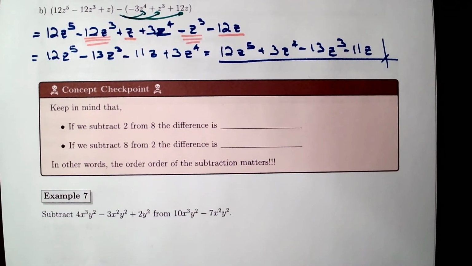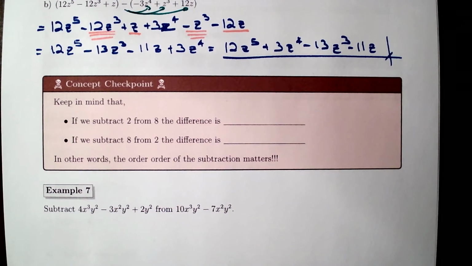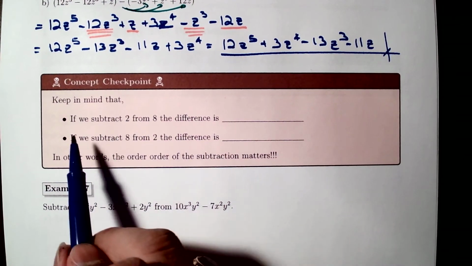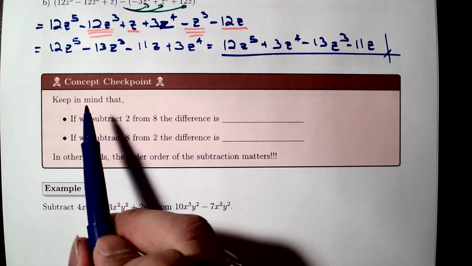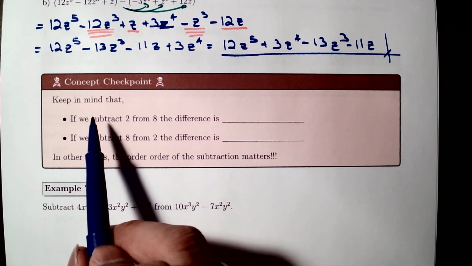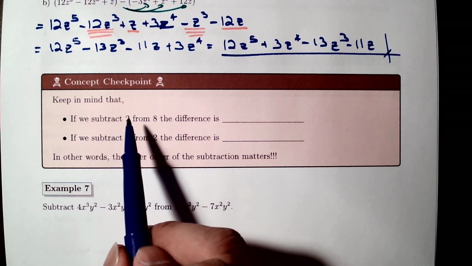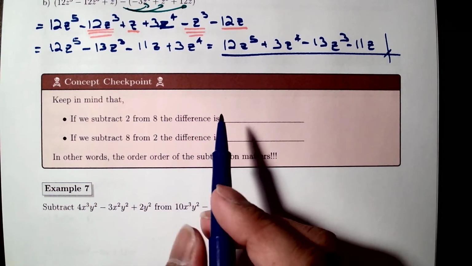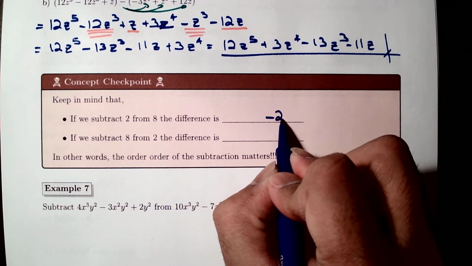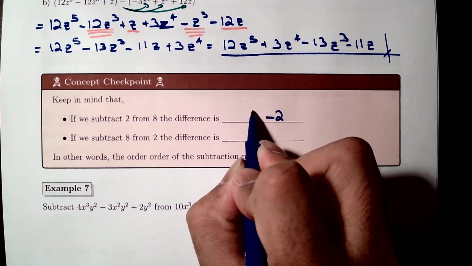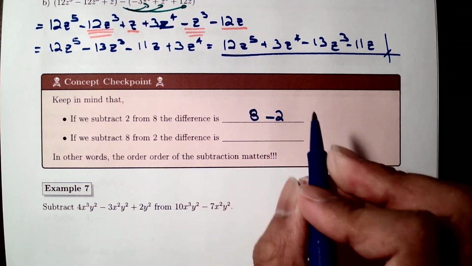All right, this concept checkpoint. Be careful here when reading subtraction of terms in words. So one thing to keep in mind is, if we subtract 2 from 8, the difference is... In this case, we are subtracting 2 from 8. That is 8 minus 2.